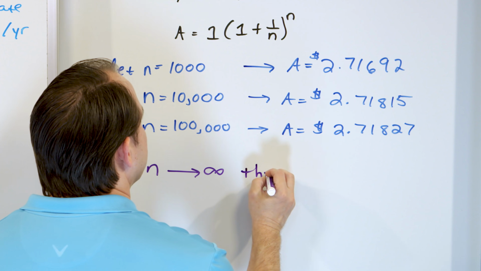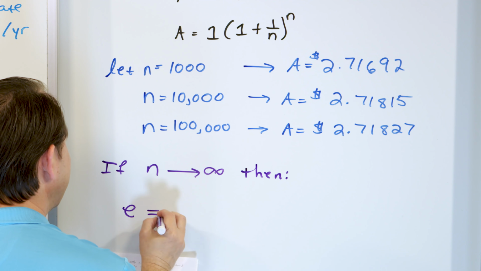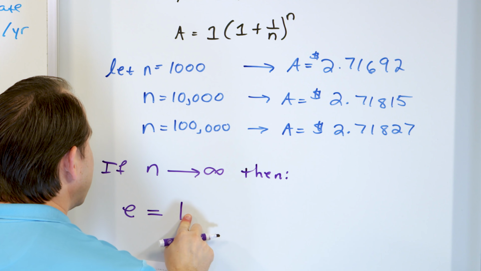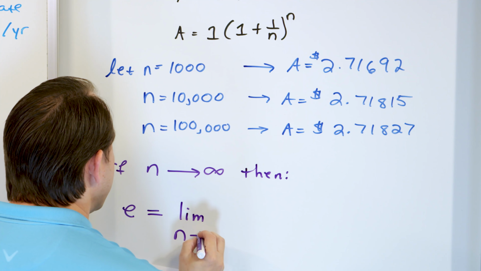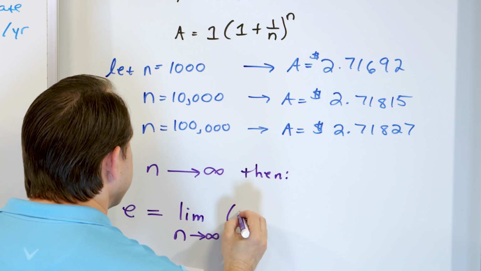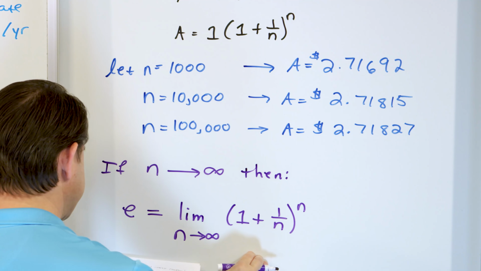But if we let n approach infinity, then the number e ends up becoming, by definition, what we call in advanced math, the limit as n approaches infinity of 1 plus 1 over n to the power of n.